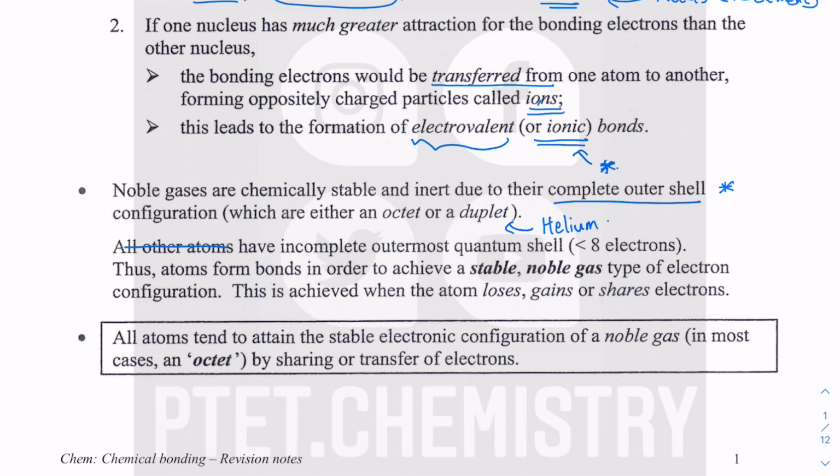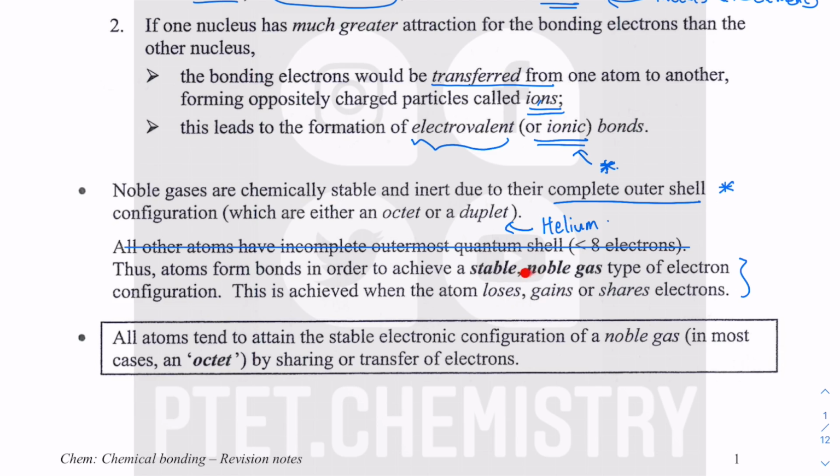I wouldn't be too worried about this next statement. You don't really do quantum shell, not in O level, but the idea is that atoms like to form bonds in order to achieve a stable noble gas type of electron configuration, and this can happen through the loss, the gain, or the sharing of electrons. Remember earlier, we will lose and gain if one atom has a greater attraction for the bonding electrons and the other has less, so one likes to lose, one likes to gain.